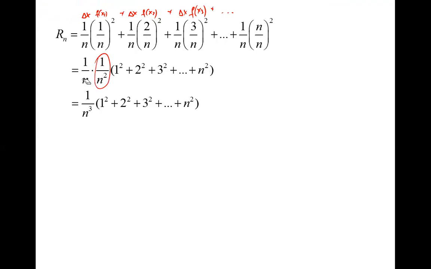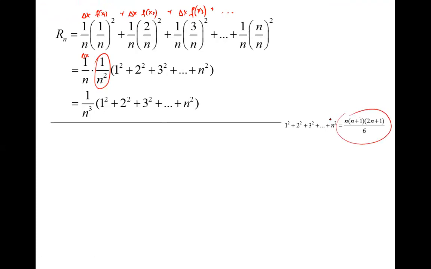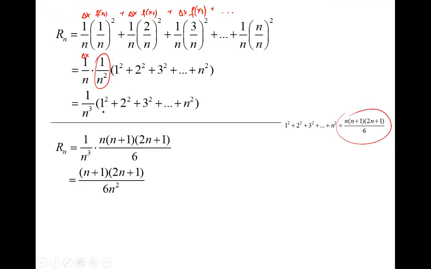Multiplying these two together, with this being my delta x, I have 1/n cubed times the addition of the squares of the counting numbers. We remember this formula, and I can simply replace. That means this one is equivalent to this.